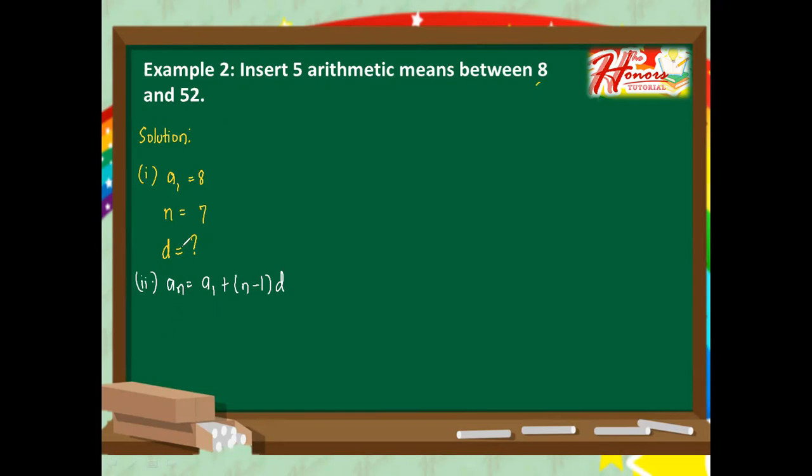A sub n is the last term, so that's 52 here, equals a sub 1, that's 8, plus n, that's 7, minus 1. D is unknown, so write D only. So we have here 52 equals 8 plus 7 minus 1, that's 6, times D.